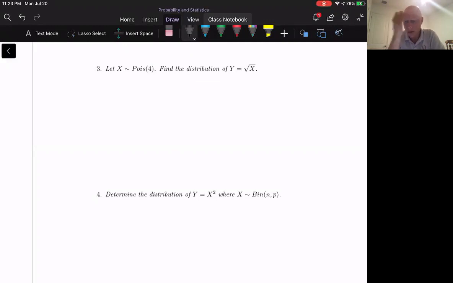Yes, Miku says yes, which is true. If you're unfamiliar with the square root function, it looks like that. It's always increasing, starts at 0 and goes up. And so it is monotonic.